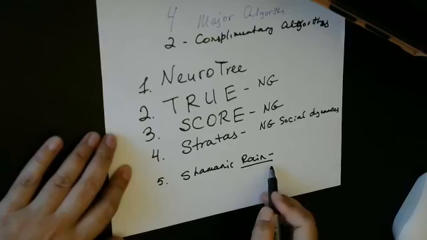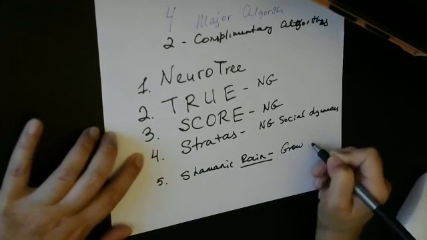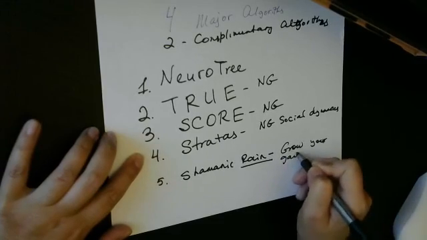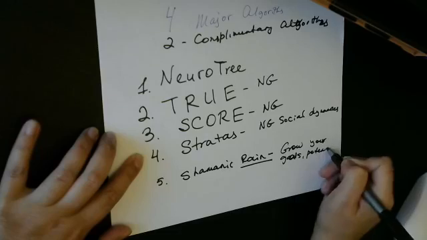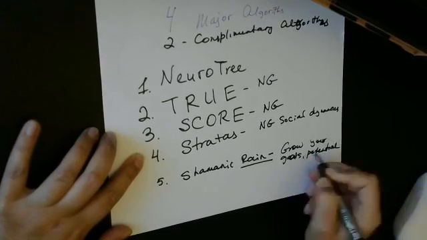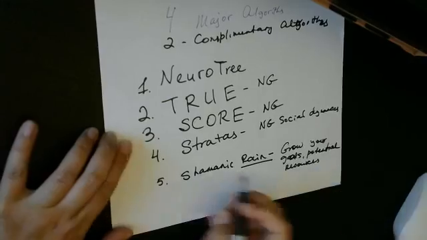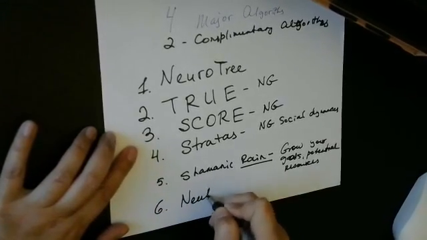We learn how to use this technique to start growing your goals, your potentials, and getting resources for it. It's an amazing technique. And the sixth complementary algorithm is called Neuro Lotus.